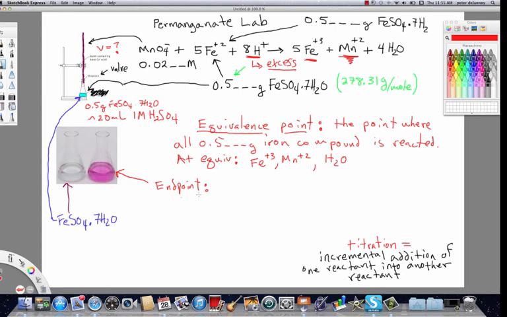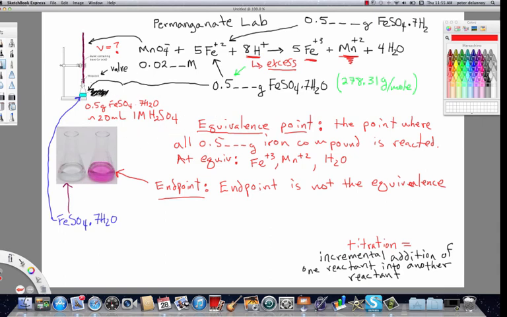Now, the end point, I want to be very clear about this, is not the equivalence. It's not the equivalence, because here's what's happened.